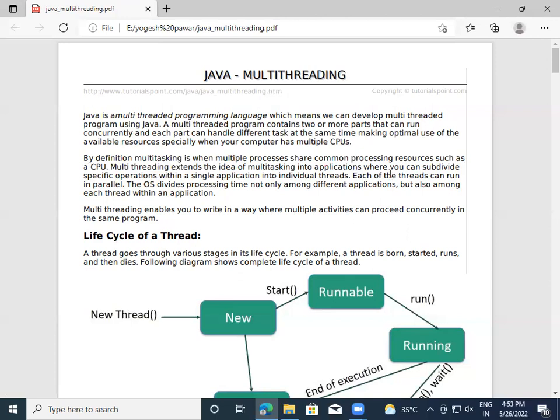Multi-threading extends the idea of multitasking into applications, where you can subdivide specific operations within a single application into individual threads. Each of the threads can run in parallel. The operating system divides the processing time not only among different applications but also among each thread within an application.